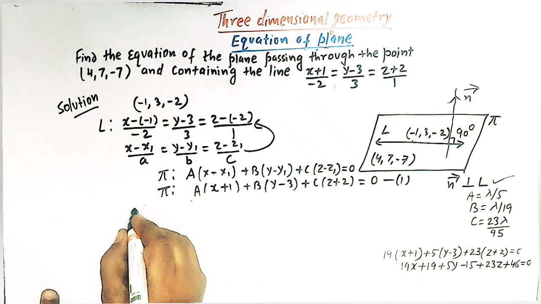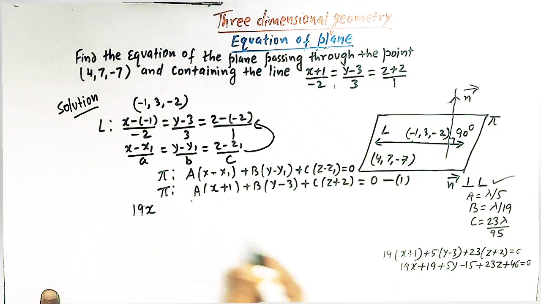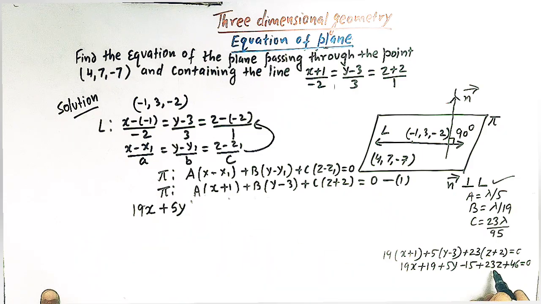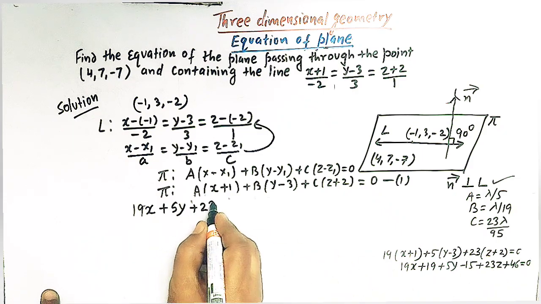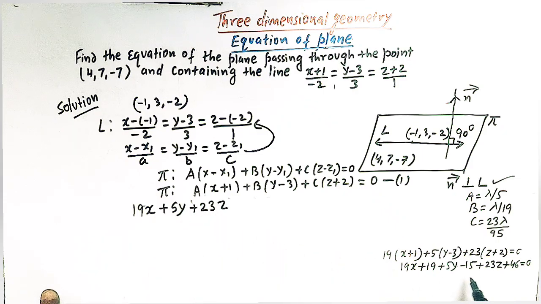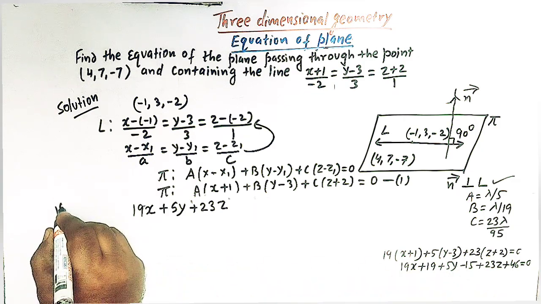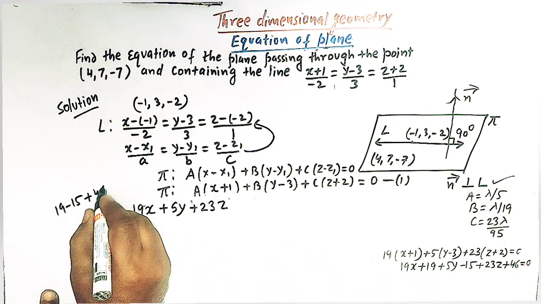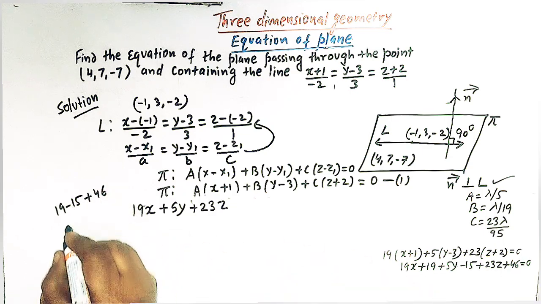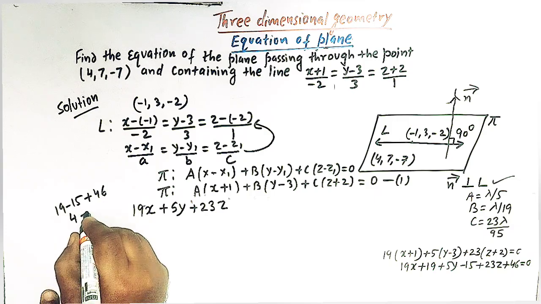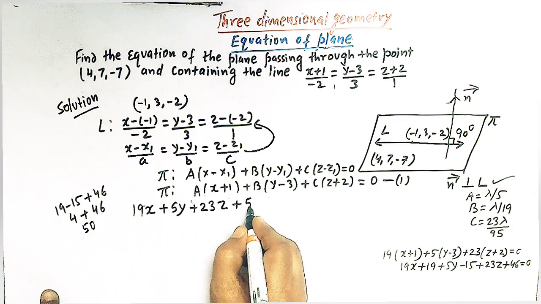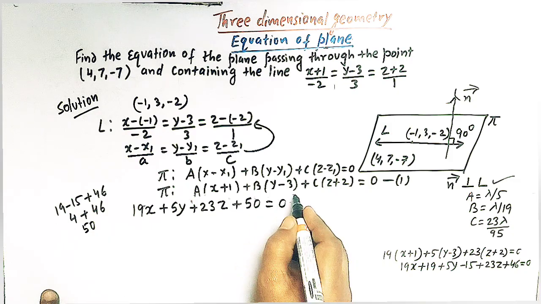So now we have here 19x, then we have plus 5y, and here we have 23z, and here we have 19 minus 15, and here we have plus 46. So 19 minus 15 is 4, and 4 plus 46 is 50. So here we have 50, and this is equal to 0.